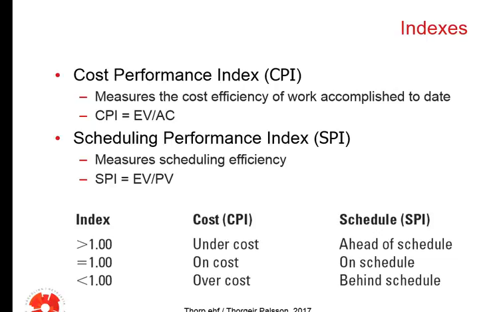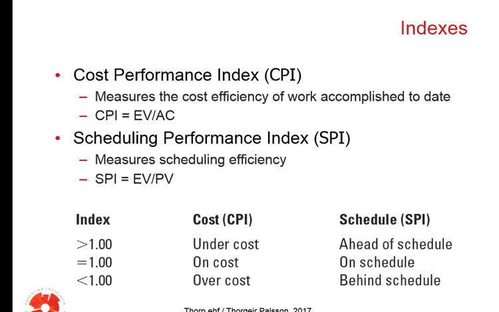Not how it will be tomorrow, and not how it was yesterday, but what is it now. So that is why some have thought that indexes are better indicators of development. And we talk about cost performance index, which you can see measures the cost efficiency of work accomplished to date.